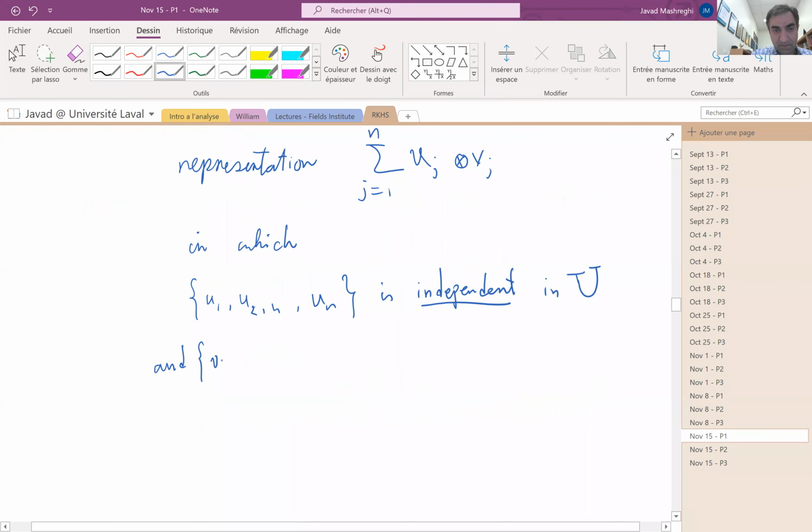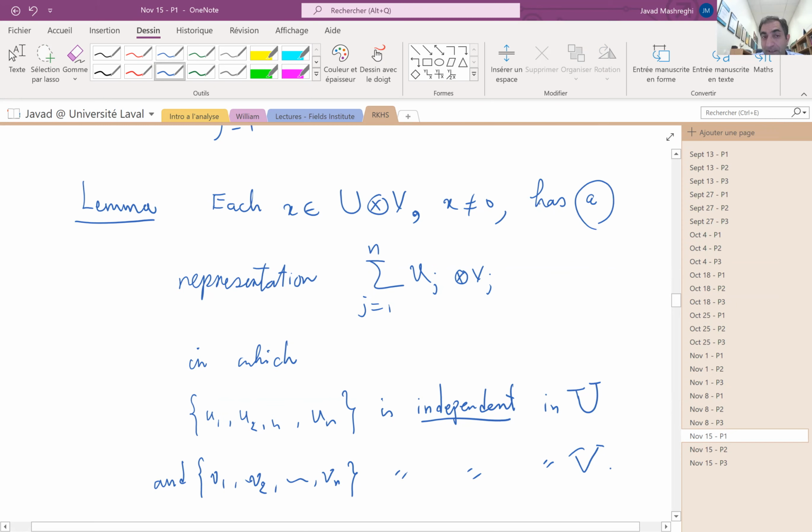And again, attention, I don't say that any representation has this property. I say it has a representation with this property. And again, a, not the. It means that it can have other representations, still of this form, for which Uj and Vj are independent.